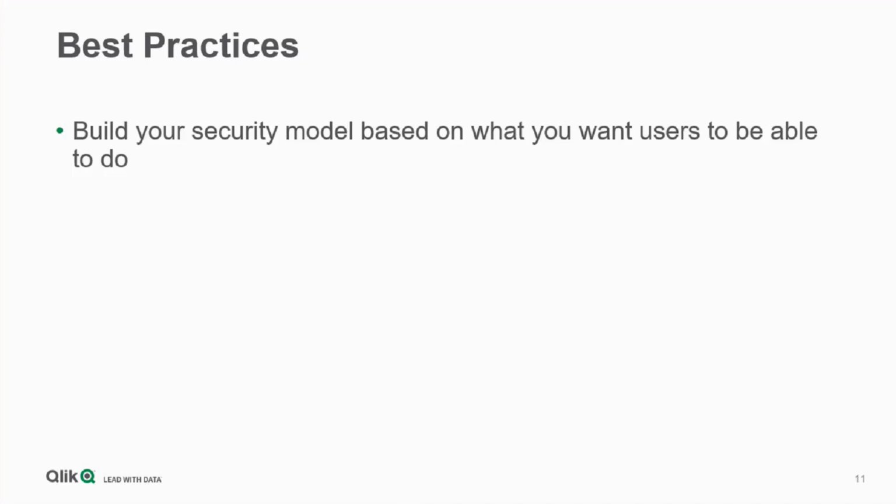So firstly, security models should be based around what you want users to be able to do. You should be working through, have a spreadsheet, have roles defined, and say, okay, a developer is a user that can make apps, and they should have streams that they can access and they can publish these in-process apps to for vetting. It's these users can do these things.